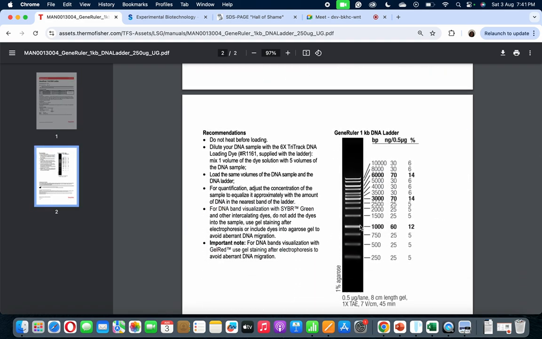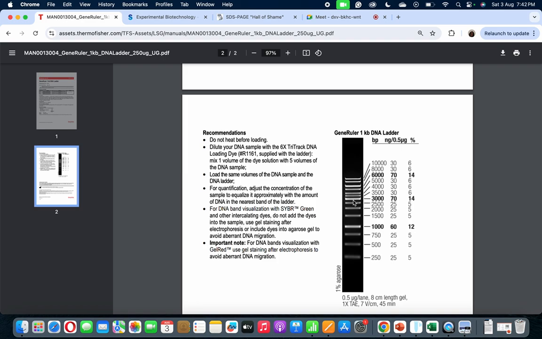Here it tells me the 1 kb band, 3 kb band, 6 kb band, etc. But here you will see another column saying nanogram per 0.5 microgram, which is basically telling you how much DNA is there in each of these bands.